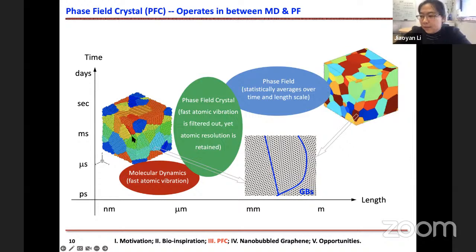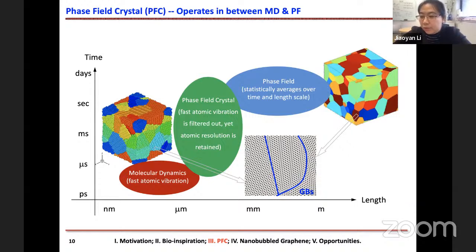And on the other side, molecular dynamics describes the system as a collection of discrete particles, and the atoms move according to Newton's second law, and the driving force is just the interaction between atoms. So the timescale of molecular dynamics is severely limited due to the fast atomic vibration.